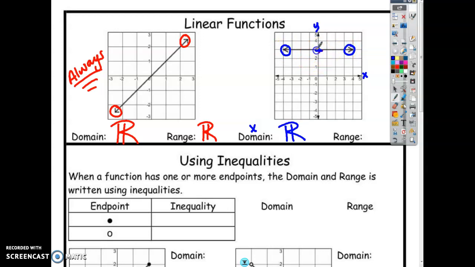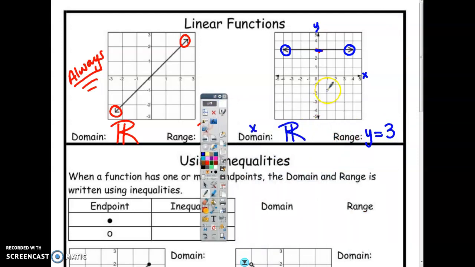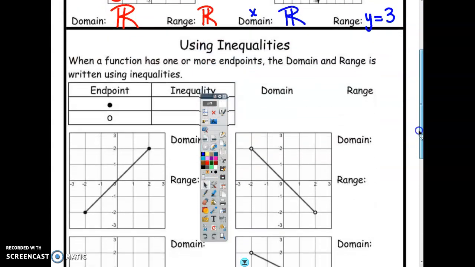So it's going to stay at 3. That means my y will always equal 3. My y is always going to equal 3 for this one only because it stayed right there at 3. Got it? Okay.